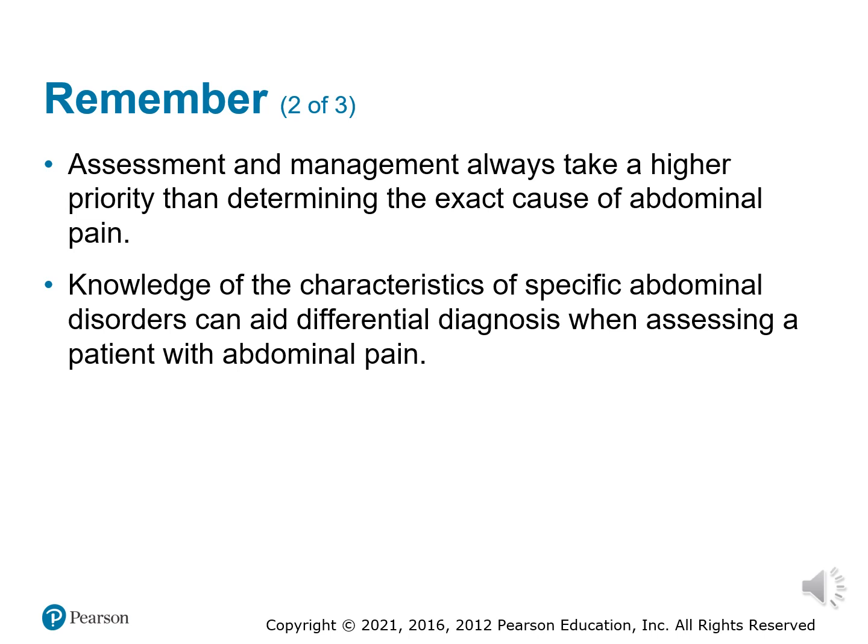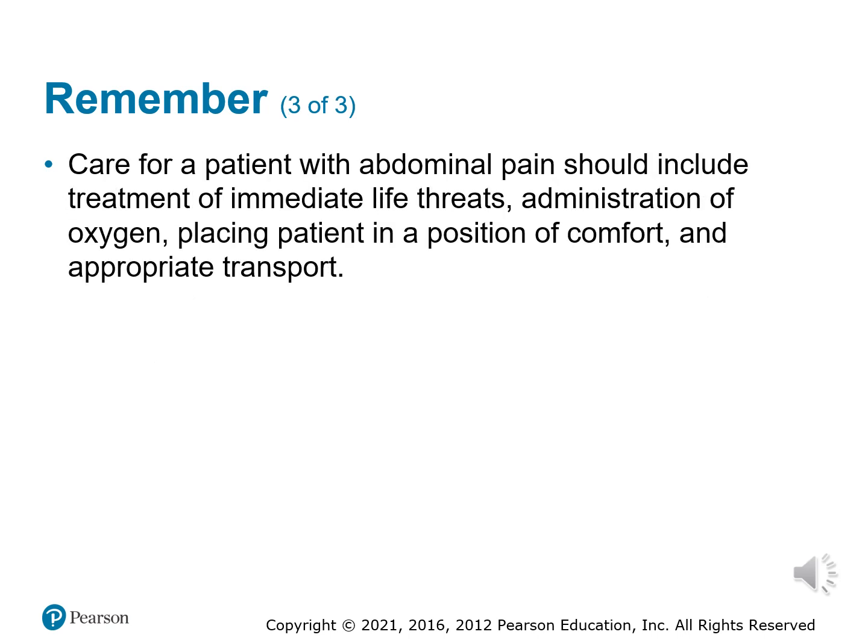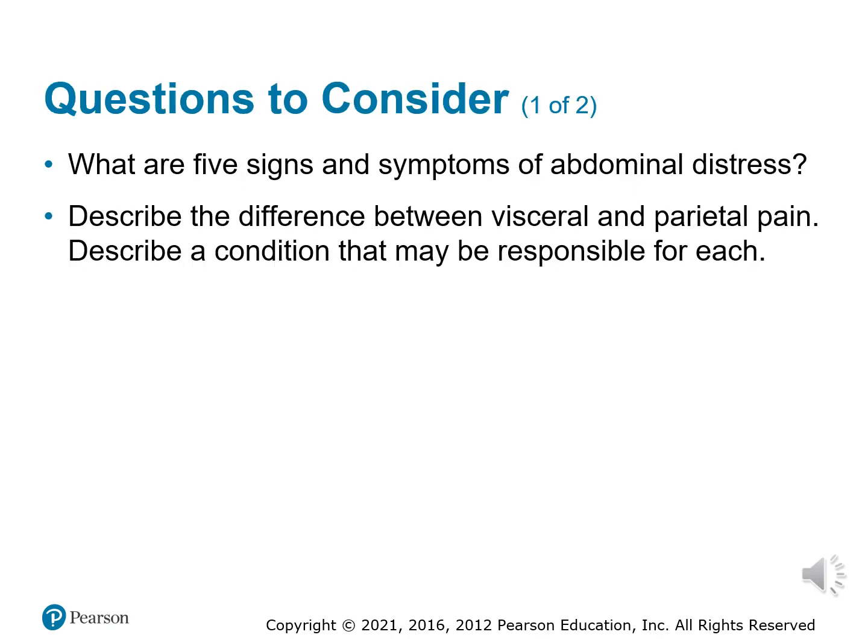Knowledge of the characteristics of specific abdominal disorders can aid differential diagnosis when assessing a patient with abdominal pain. Care for a patient with abdominal pain should include treatment of immediate life threats, administration of oxygen, placing the patient in a position of comfort, and appropriate transport.